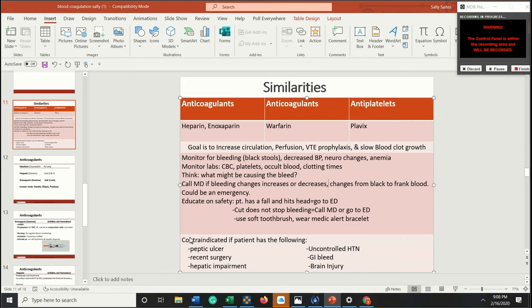So just as I said before, talking about neuro changes, this is where you would see neuro changes.